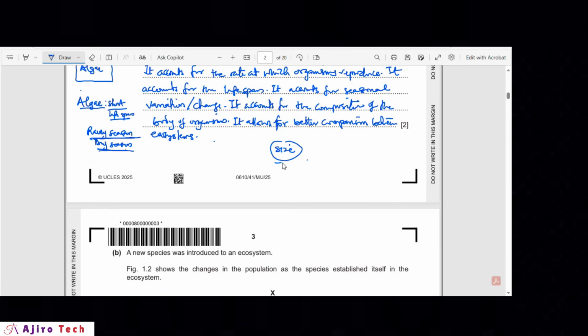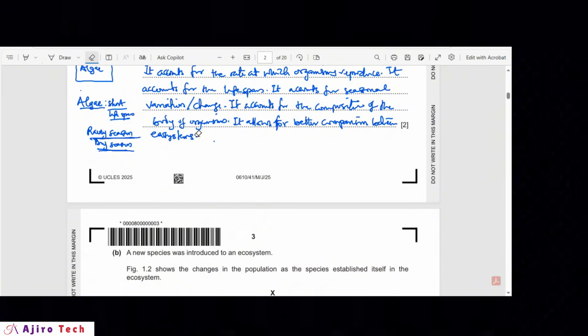Because the pyramid of biomass of one ecosystem can be different from that of another ecosystem based on the abiotic factors. Those abiotic factors, like we talked about seasonal variation, would affect the biomass of the organisms there.